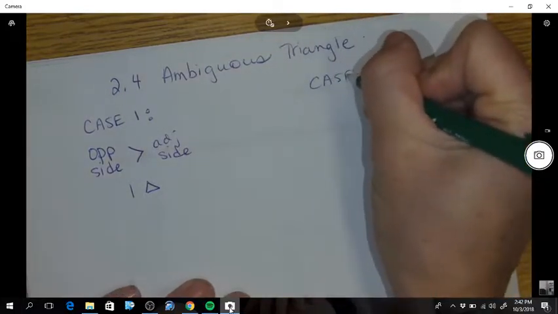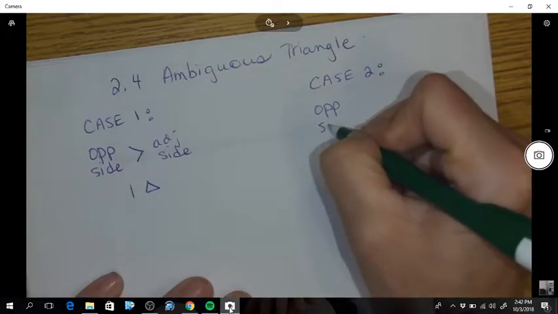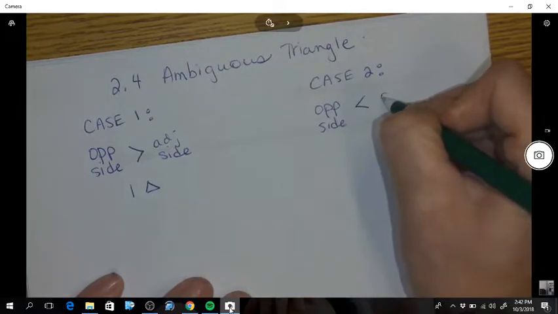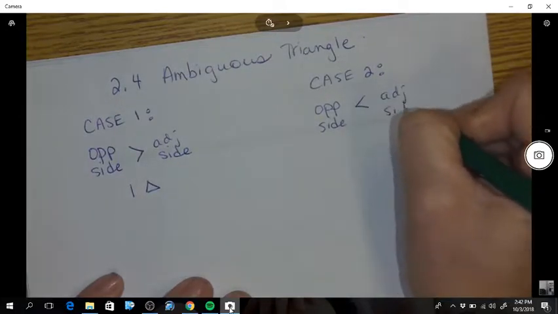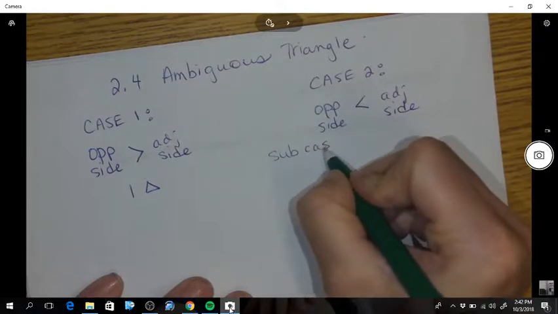Case 2. If the opposite side is shorter than the adjacent side, you're going to have 2 subcases.